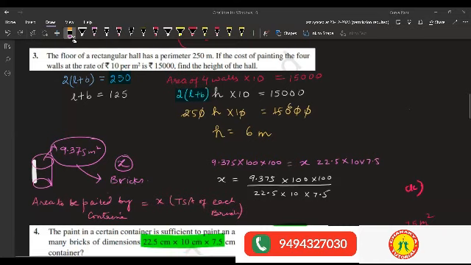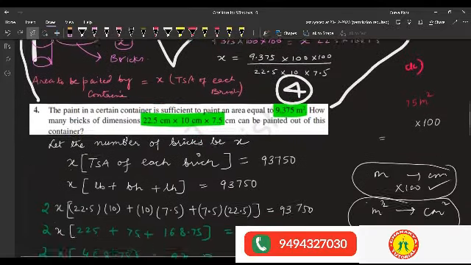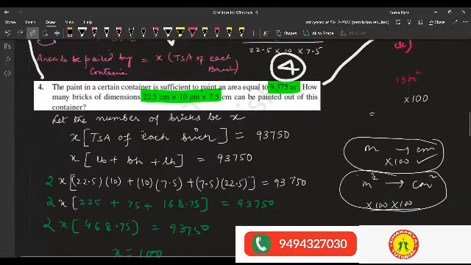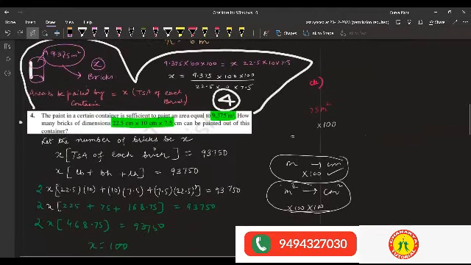If you solve this part, just try to understand what you will get after this formula. This is a part of question number 4. Down here is mentioned, you can check it out here, children. The same thing is mentioned over here in a different way. The answer is coming as 100.